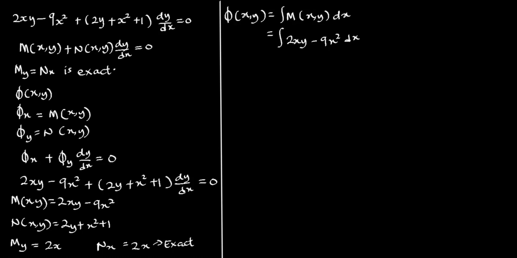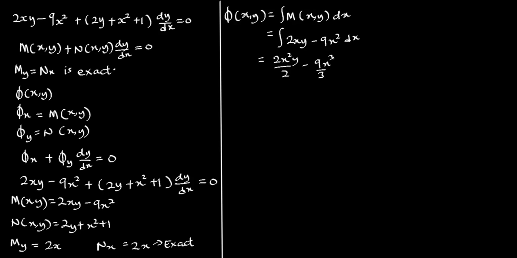So let's look at how this is going to be. The integral of 2xy with respect to x is 2x squared y over 2, and the integral of minus 9x squared with respect to x is minus 9x cubed over 3.